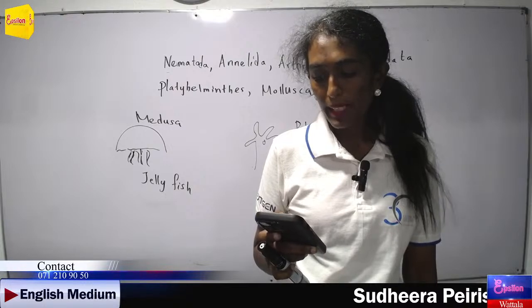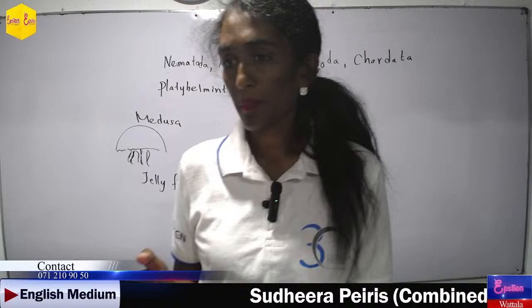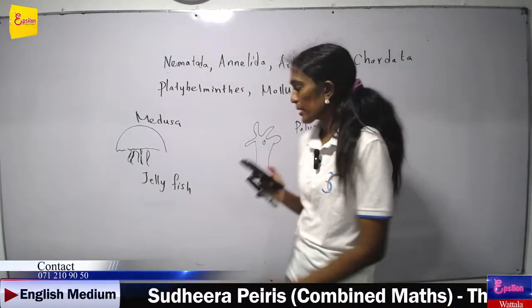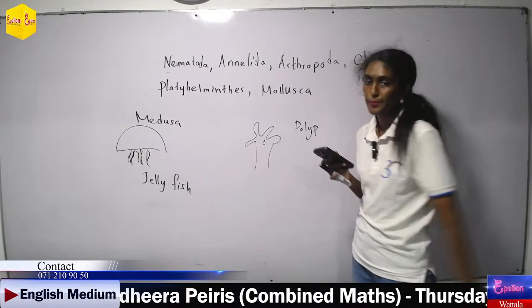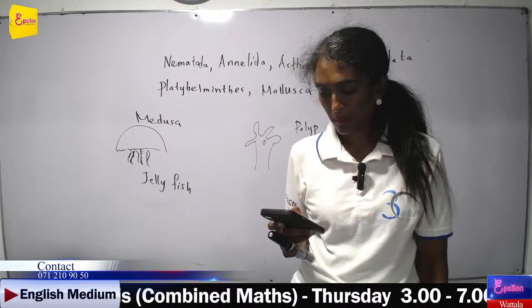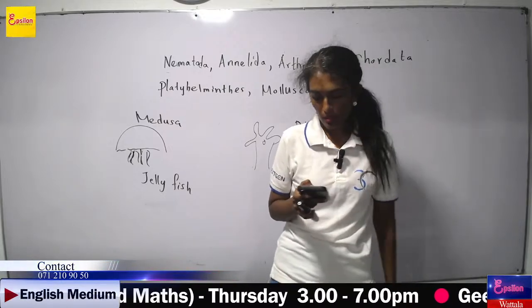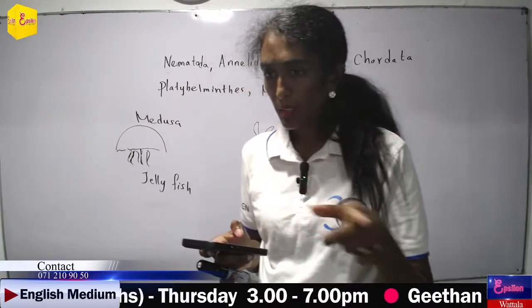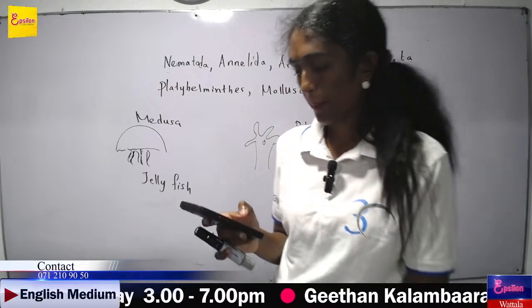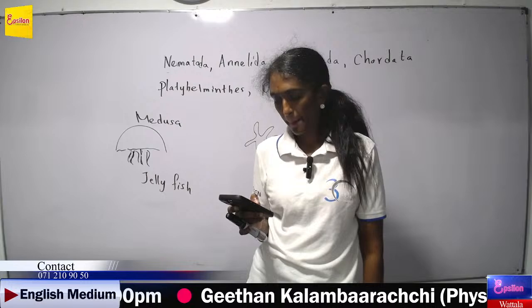Aboral means down, bottom. So the same, right there, tentacles are found around the mouth.